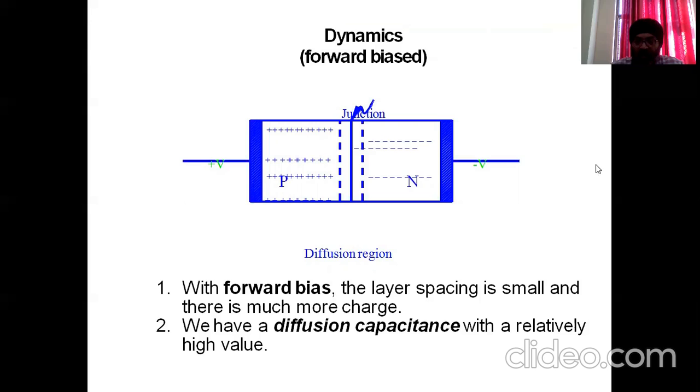When the depletion layer becomes smaller, a capacitance develops. This capacitance is known as diffusion capacitance during forward bias. Since the spacing of the depletion layer is thin, the capacitance can have a large value.